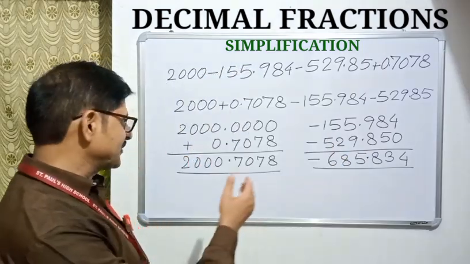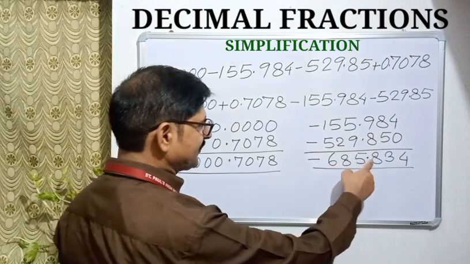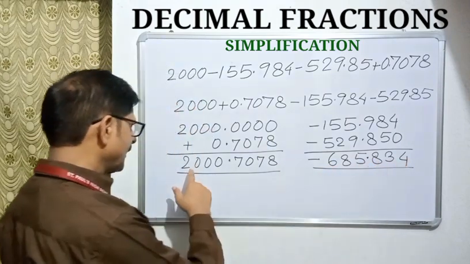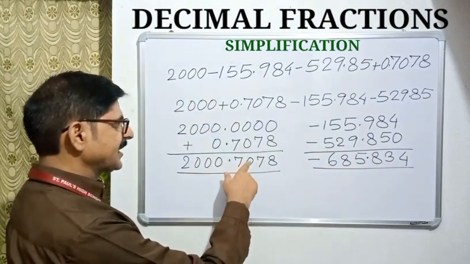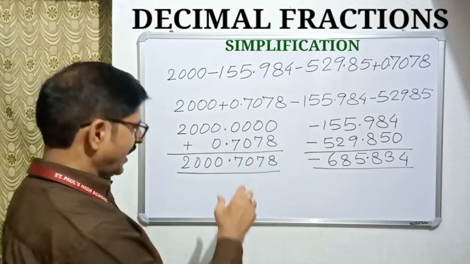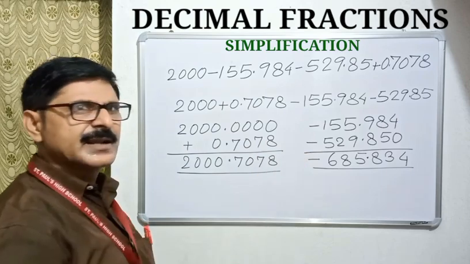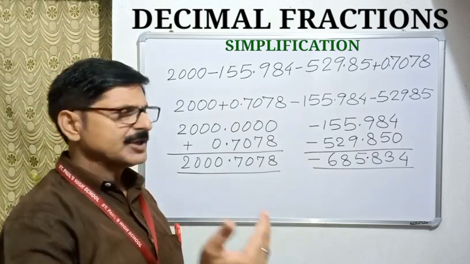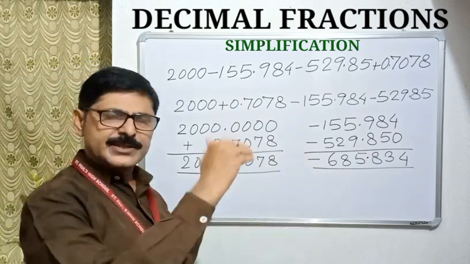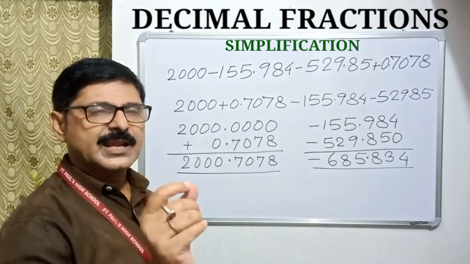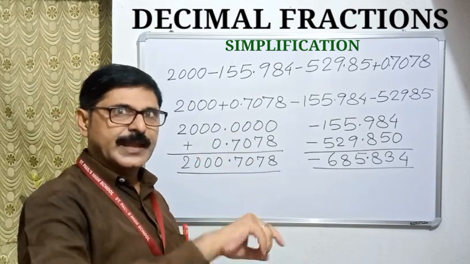Now we have to subtract 685.834 from 2000.7078, and the two numbers, that is minuend and subtrahend, are unlike decimals. So you need to change them into like decimals, and I hope you very much know that.